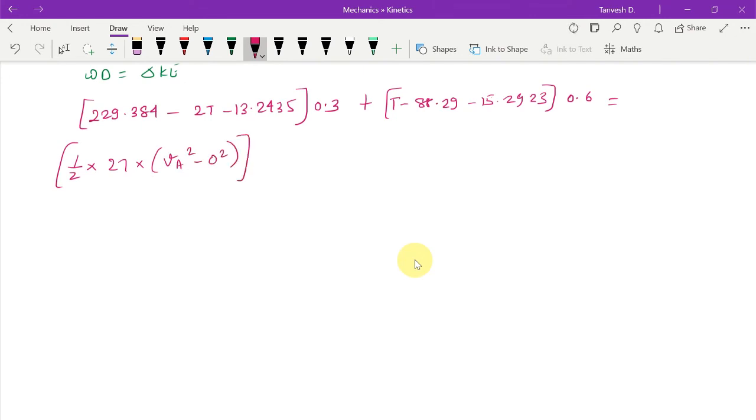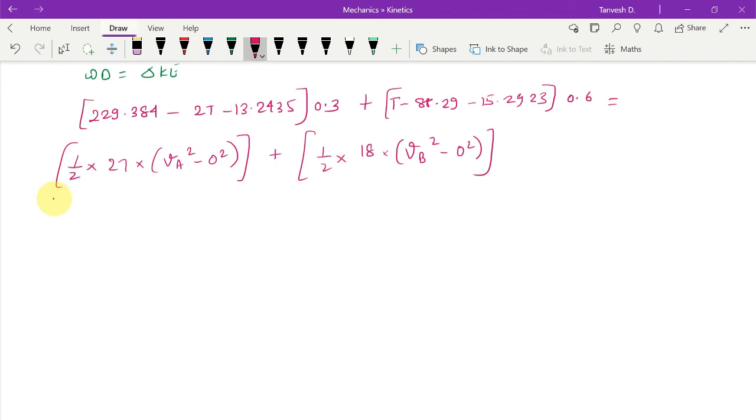This is the kinetic energy for block A, plus half into 18 kg, the mass of block B, into VB square minus 0 square, because both are starting from rest.